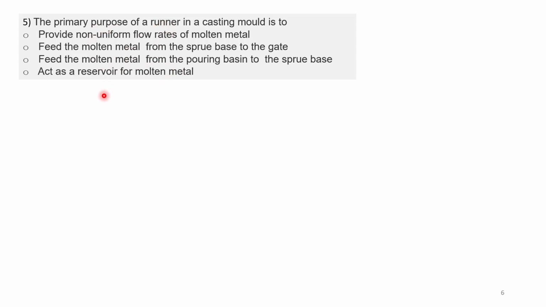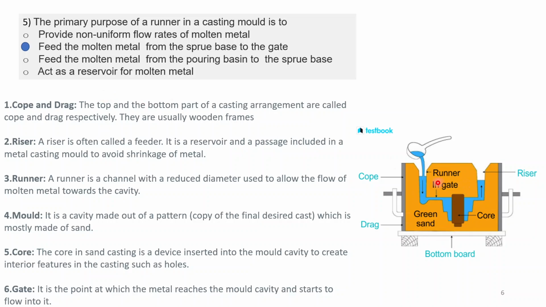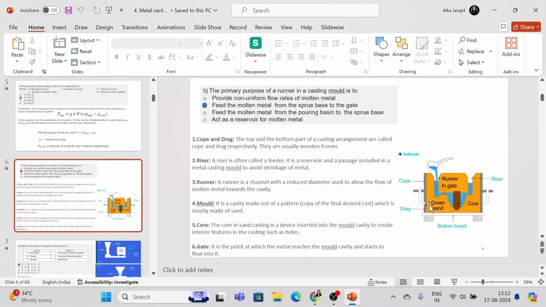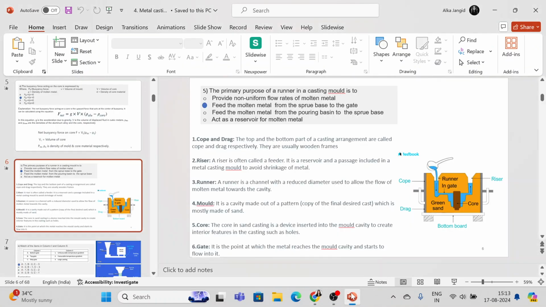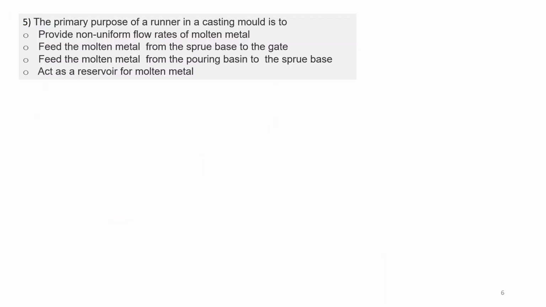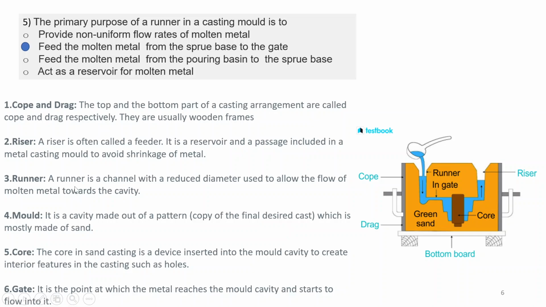So the runner will be connecting to what? You need to remember that particular diagram, right? Runner is a channel with a reduced diameter used to allow the flow of molten metal towards the cavity.